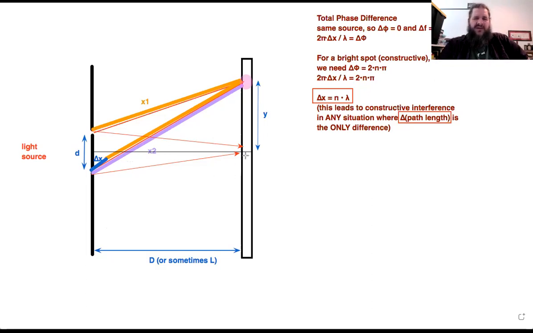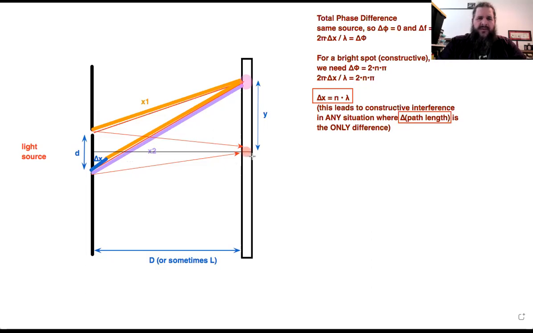Same distance because it's in the exact center means there's no delta x, and no difference at all automatically means constructive. There's no difference between the waves, so crest and crest line up, trough and trough line up, and so on. So the exact center is definitely going to be constructive interference. In fact, that's the point we typically call the central maximum.